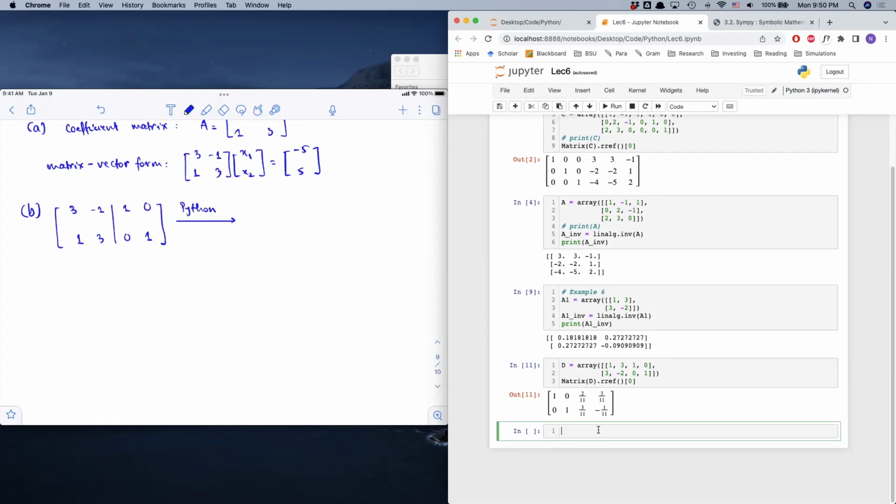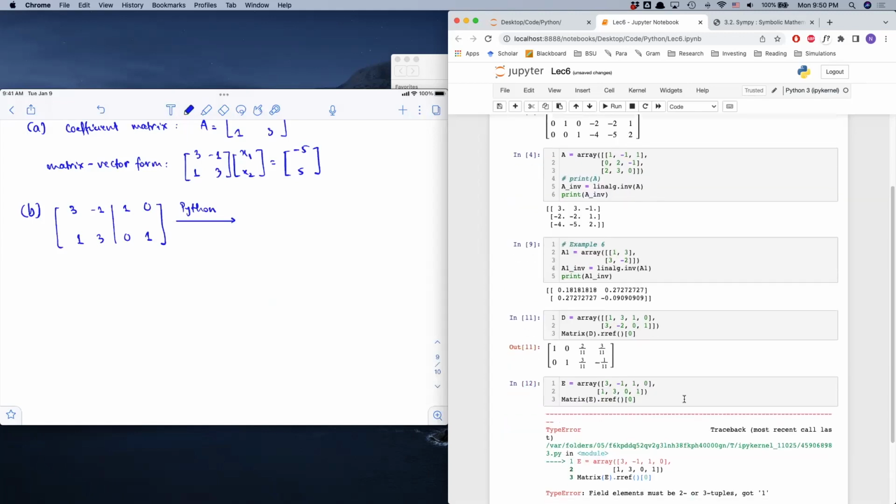All right, so I'm going to use a matrix E array of 3, -1, 1, 0, and 1, 3, 0, 1. I'm going to do matrix E dot rref and choose the first entry only.